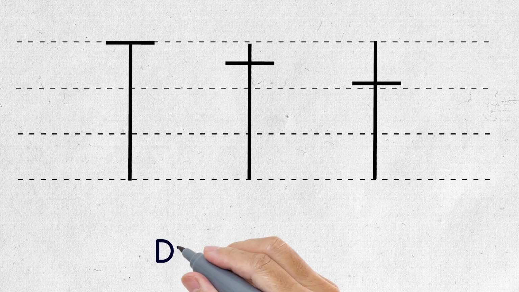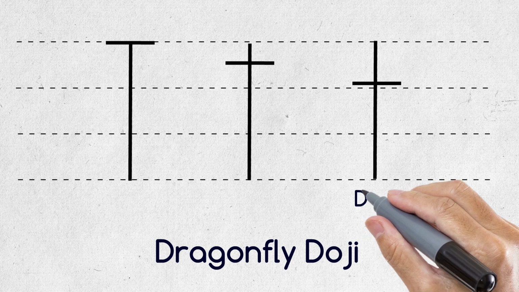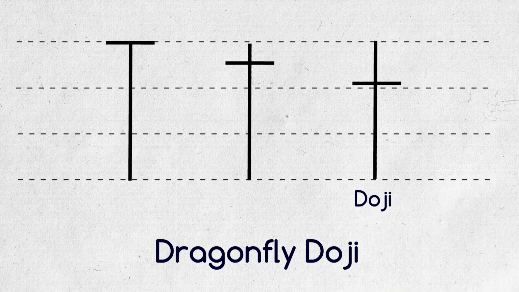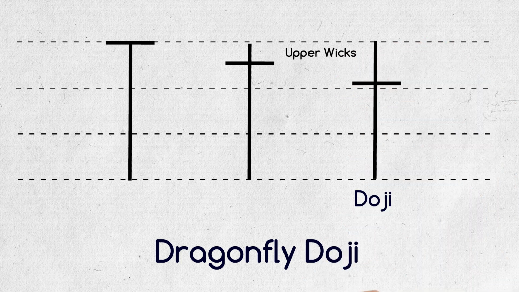This formation is called dragonfly doji. Actually, we call this third one a simple doji. We can discuss this doji in the continuation patterns. That is the correct place for this. Remember, doji always exhibits neutral sentiment, indecisiveness. So, it can be a continuation or a reversal signal too.